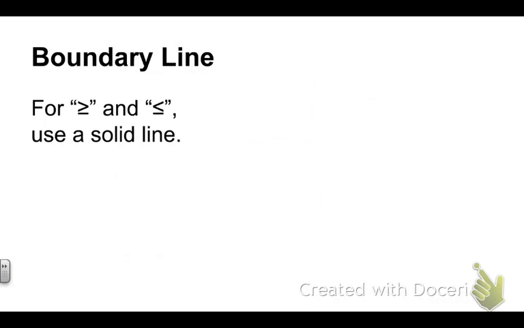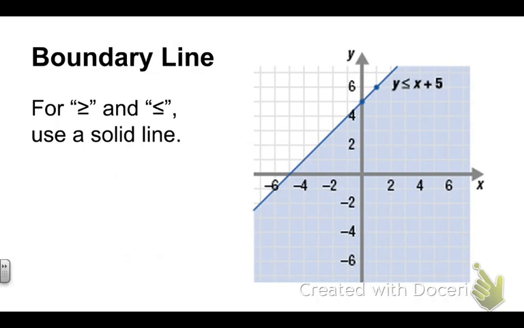However, for greater than or equal to and less than or equal to, because it can be equal, use a solid line. So those two dots that you see on the blue line, those are solutions. And that whole blue shaded region, any point in that region is a solution to that inequality.